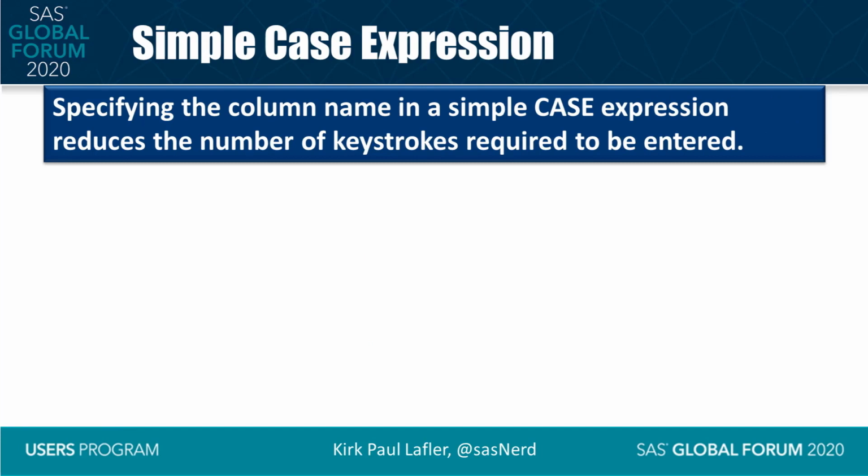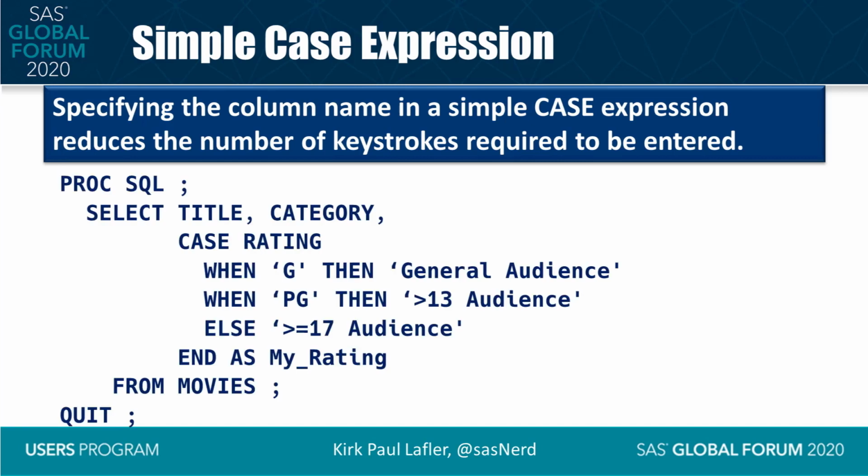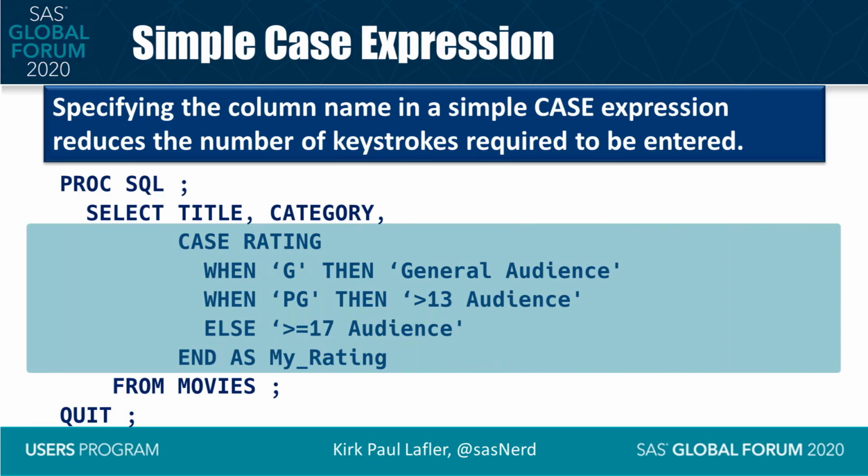Specifying the column name in a simple case expression reduces the number of keystrokes required. For example, in our select query, we're selecting title and category, and then have an embedded case expression on rating: when G, then assign a value of general audience, when PG, assign a value of greater than 13 audience, else assign greater than or equal to 17 audience, to the derived column, the new column called my rating.